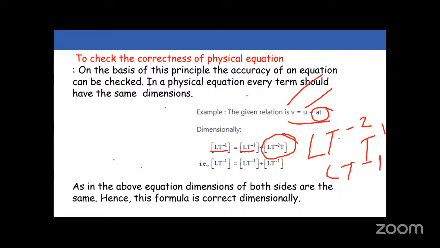So now, if we compare the three dimensional formulas, you discover that what we have on both sides of the equation are the same. V is represented as LT raised to minus 1, U is represented as LT raised to minus 1, and then AT is represented now as LT raised to minus 1. They are all the same. So it means that this equation is correct.